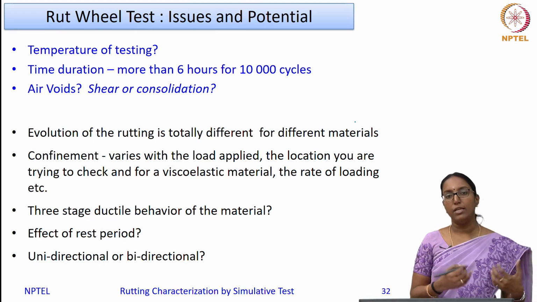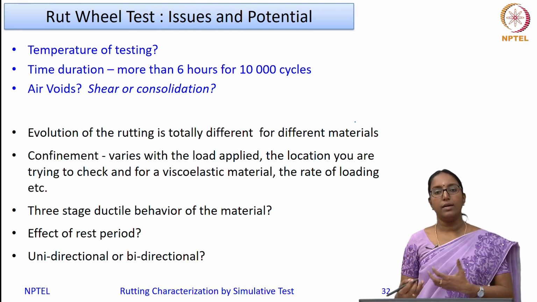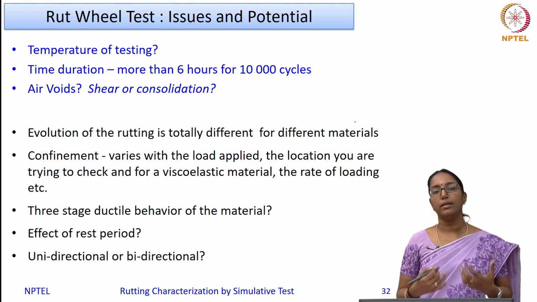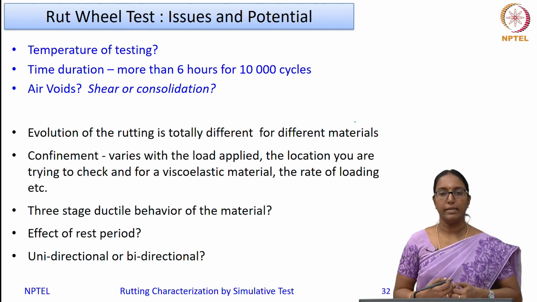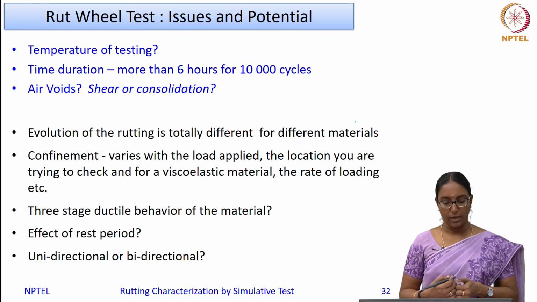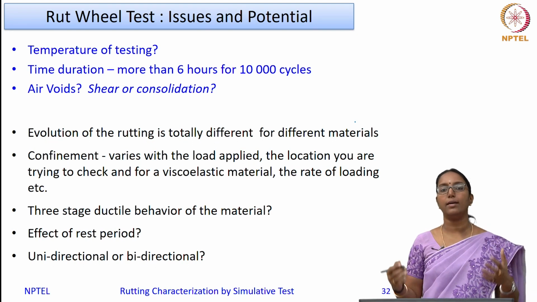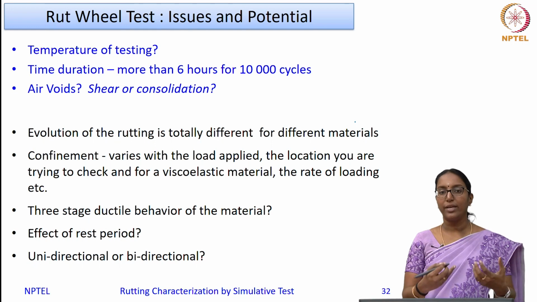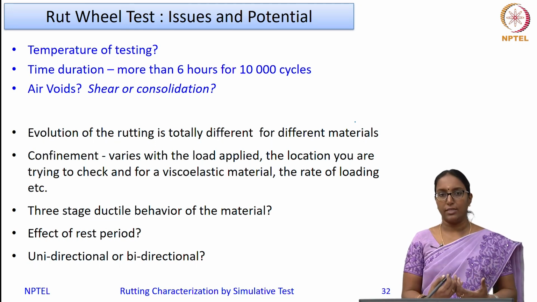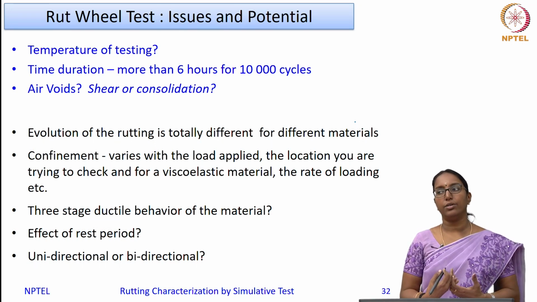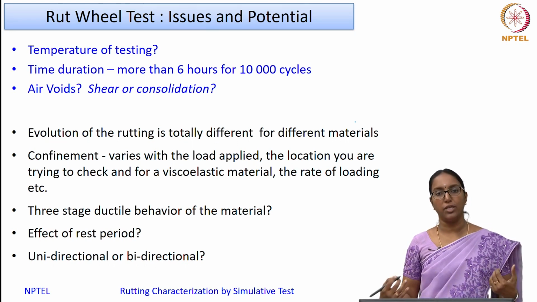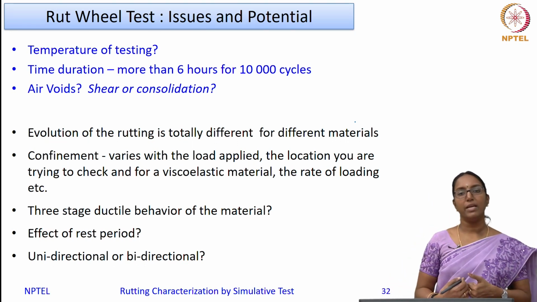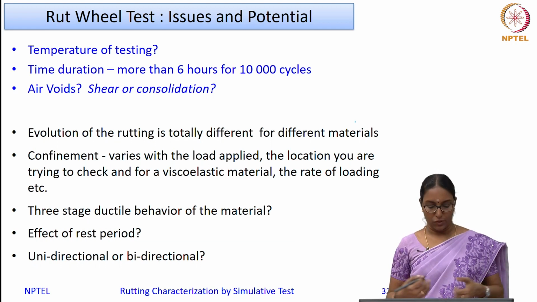So this evolution over a period of time may not be visible in a simulative test like rut wheel testing, because the load and the conditions are simulated in such a way that you get an immediate result, or you are not prolonging the test sufficiently long, so that you may not be able to see all these stages.